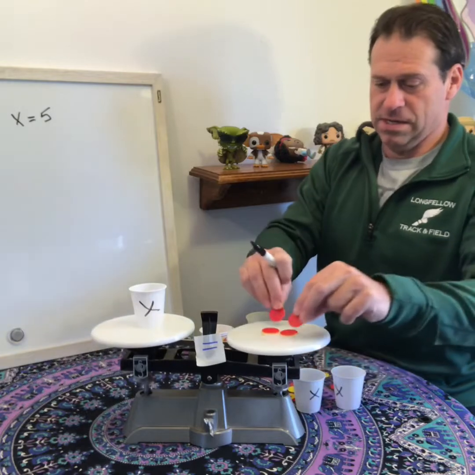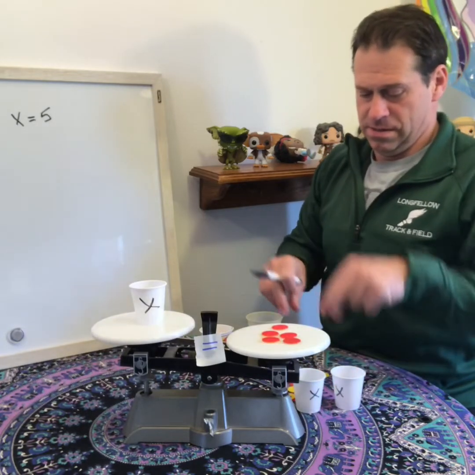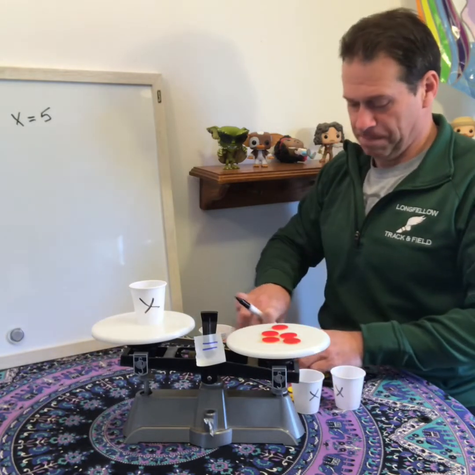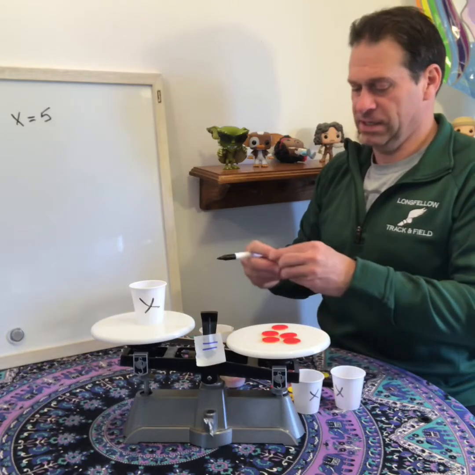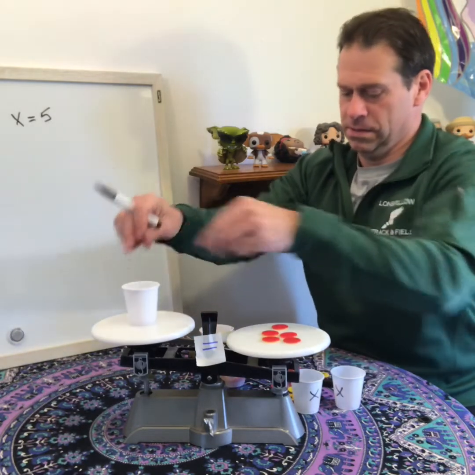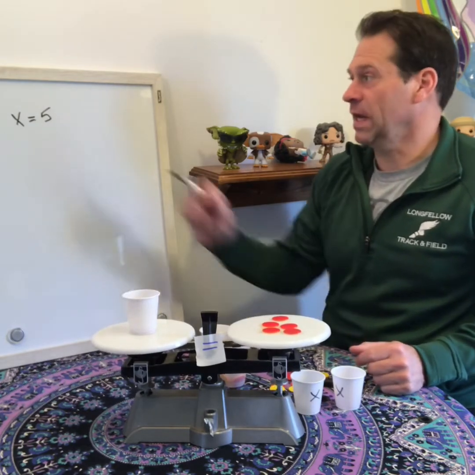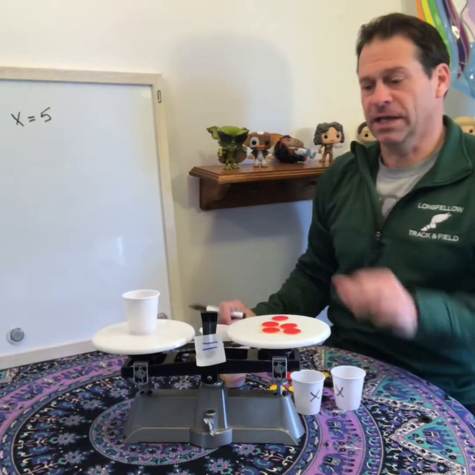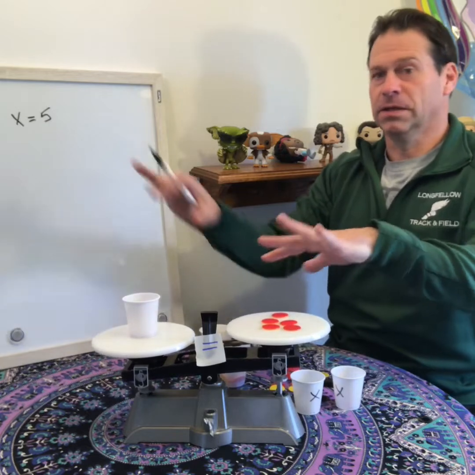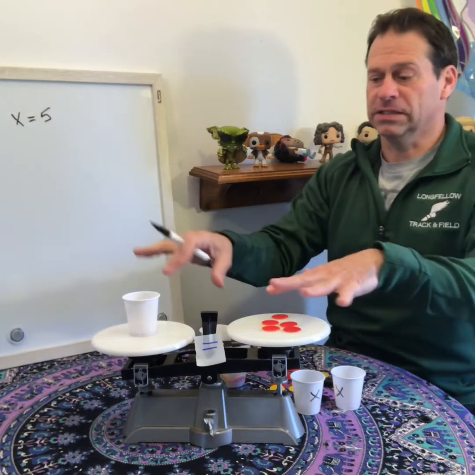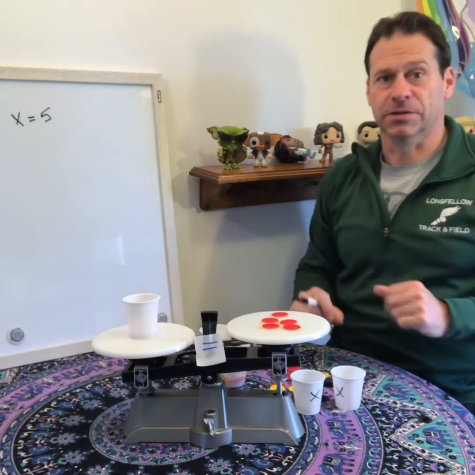There would have to be 5 on this side to make it equal. All right, that's what the equal sign means, and that's the idea of the balance. Whatever's on one side has to equal the same as what's on the other side.